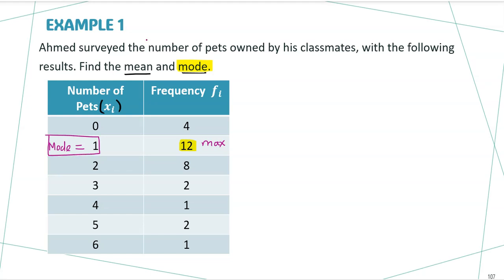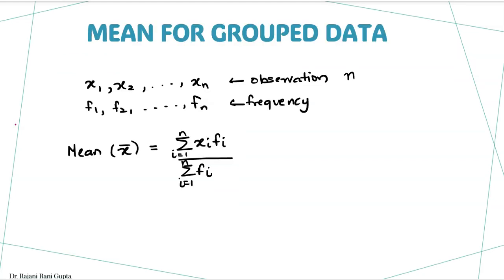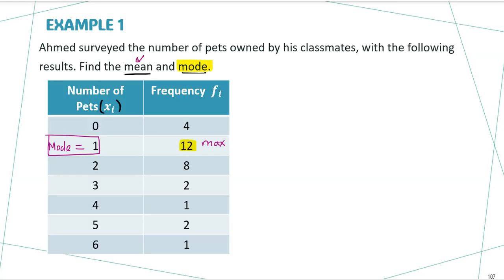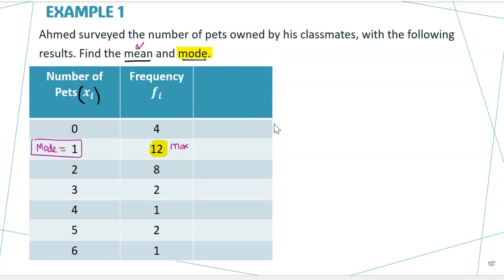Now coming back to the mean. If you remember the formula, we have to find the product of the observation with the frequency. So we make an extra column where we represent the product xi times fi, which is the product of these two columns.